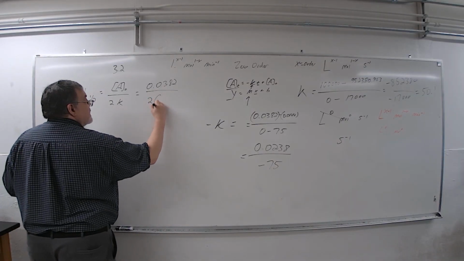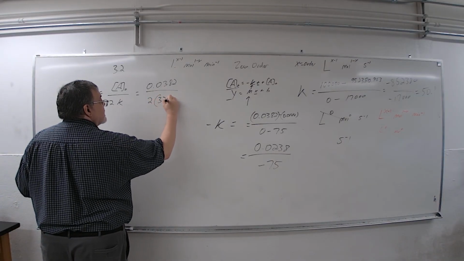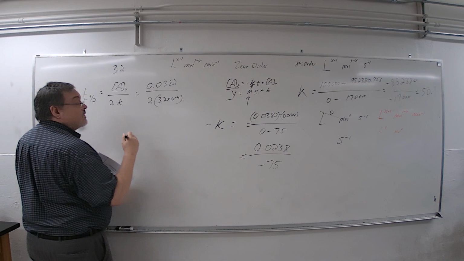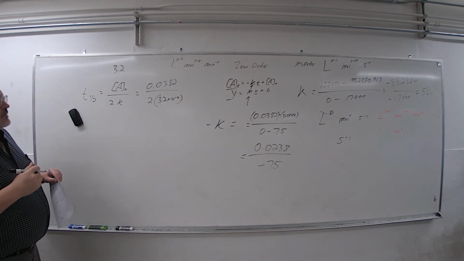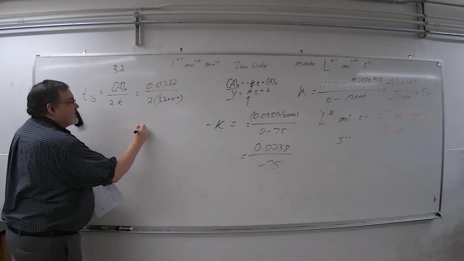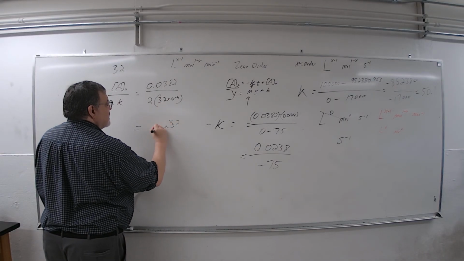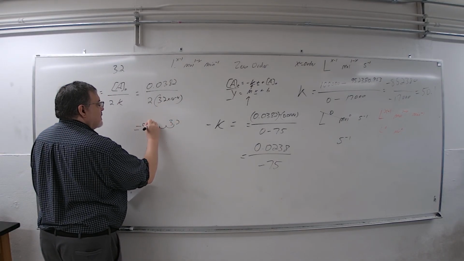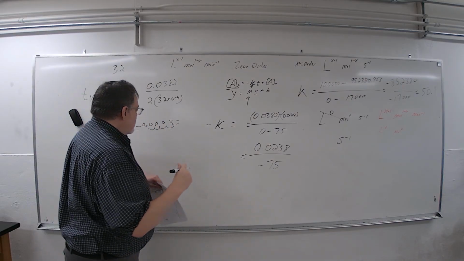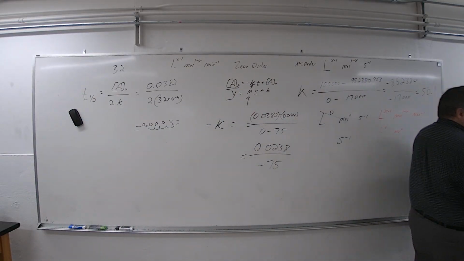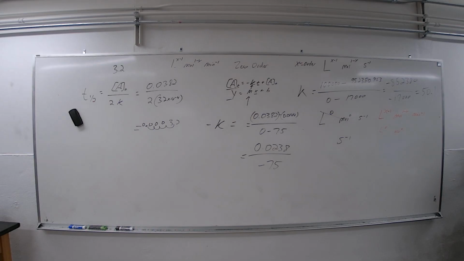I've got 2, and my K was 3.2 times 10 to the negative 4. So when I put that in the calculator, it's 3 zeros, 0.00032.